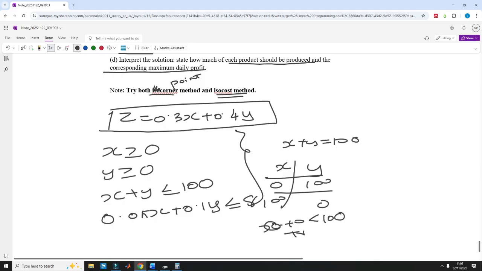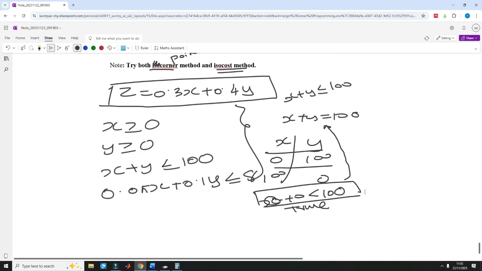Yes, this is true. So this gives you an idea about the plane that corresponds to the linear inequality x plus y less than or equal to 100. So similarly do that for the other constraint with respect to the reactor time.